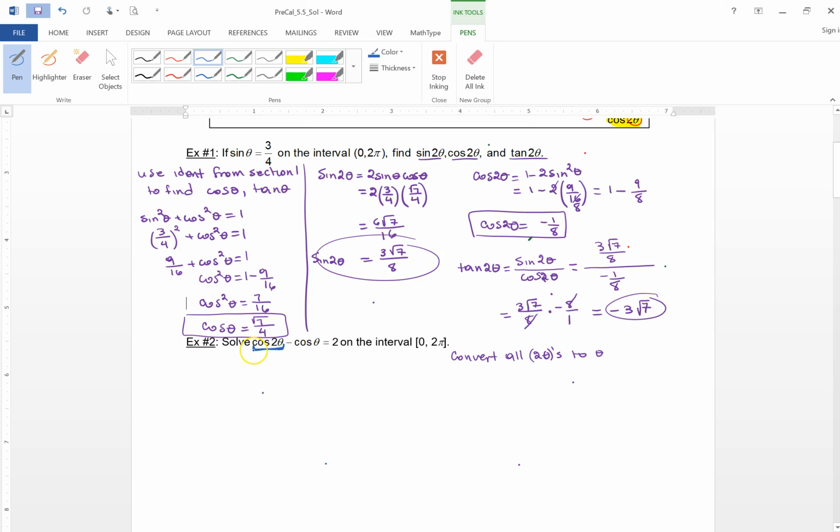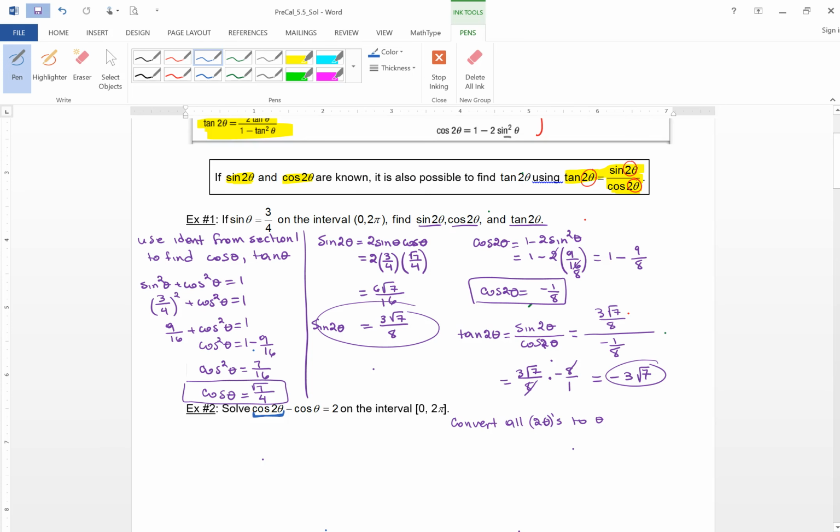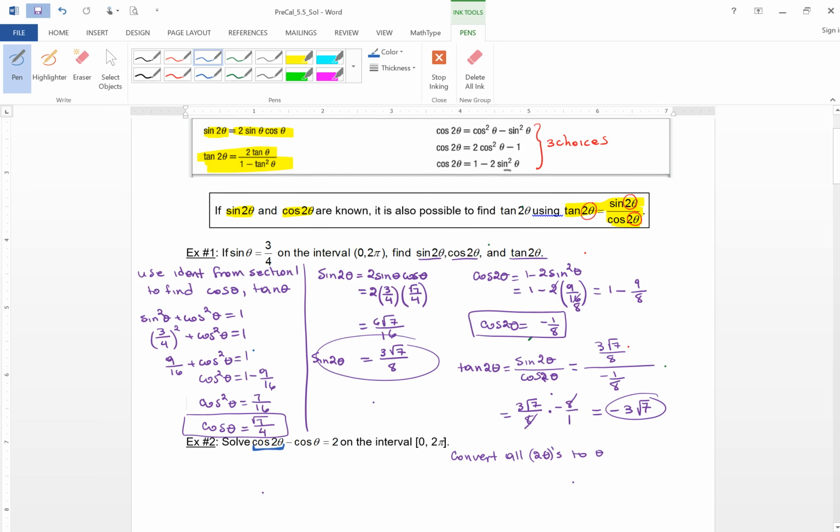The way we do that is this. Cosine 2 theta has a formula. Okay? Now you see where the choice really matters. Cosine 2 theta has 3 options. I'm going to use the one with only cosines, because then the rest of my equation only has cosines. All right? So I'm going to use the second option for cosine, because the rest only has cosines.